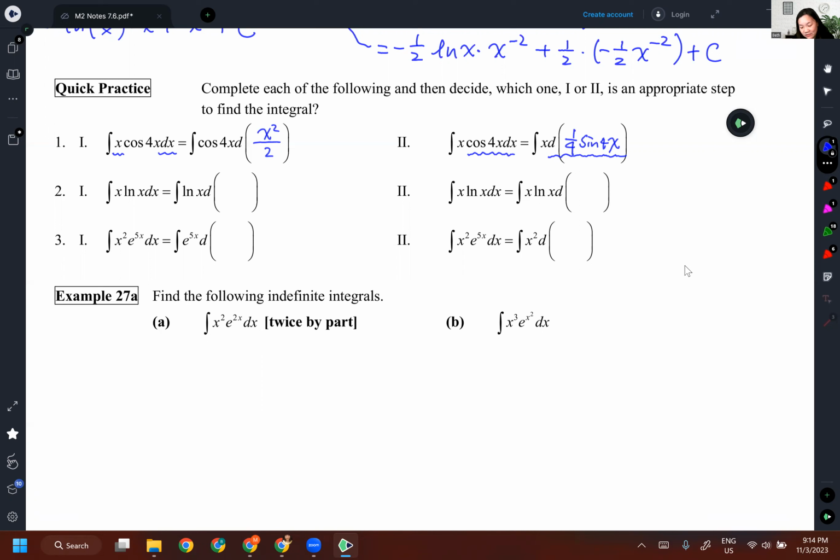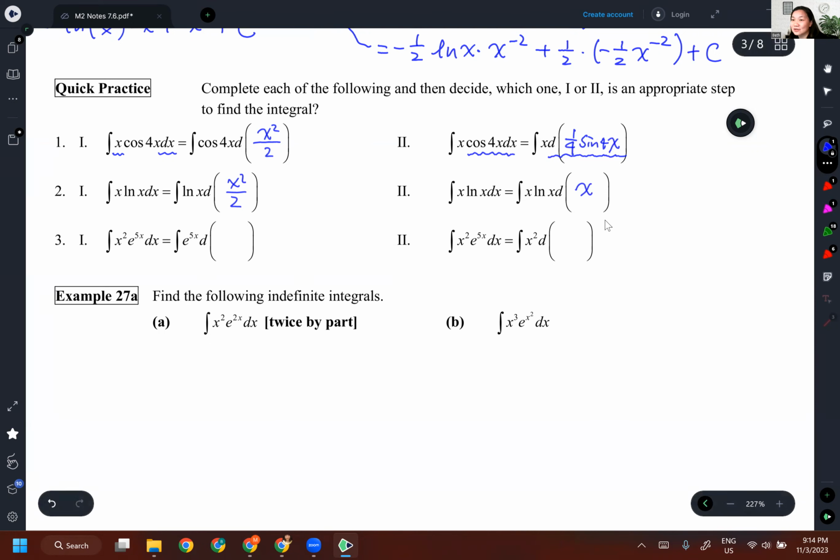Second question, a mixture of x and log. Now I can integrate x first. Or I can do nothing in this case. Do nothing.